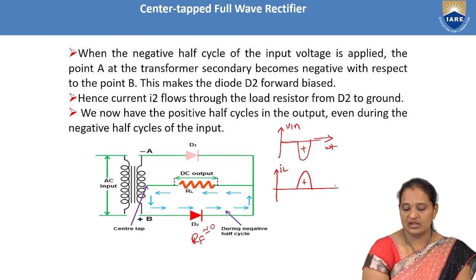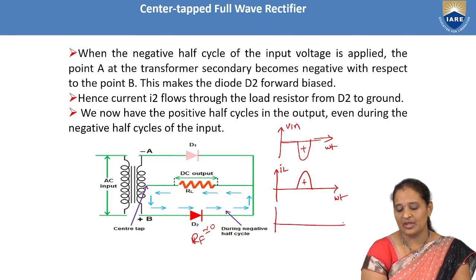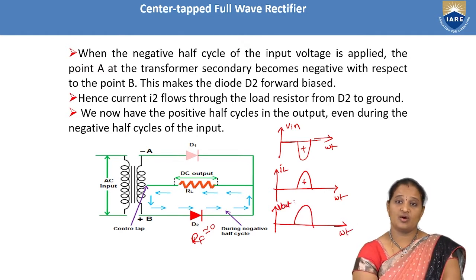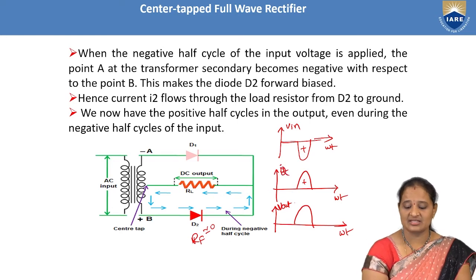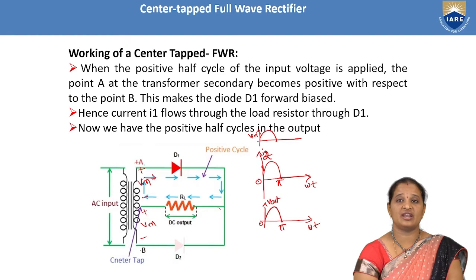So this is the load current. As the input is varying sinusoidally, the current flowing through the load resistor will also vary sinusoidally, which results in a positive half cycle of output voltage across the load resistor, which is represented with Vout. Let us indicate this current as I2, whereas in the previous case, let us indicate this current as I1.